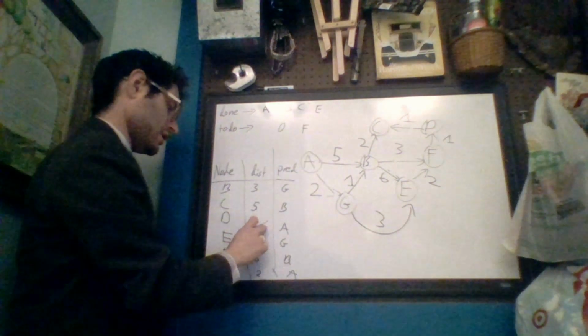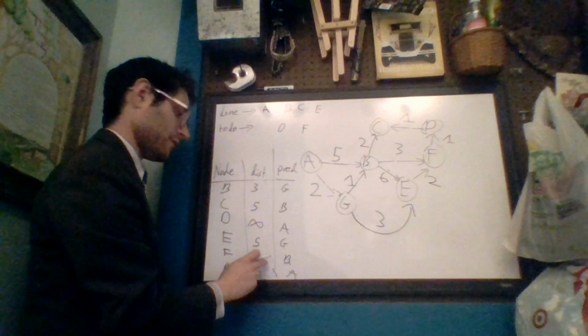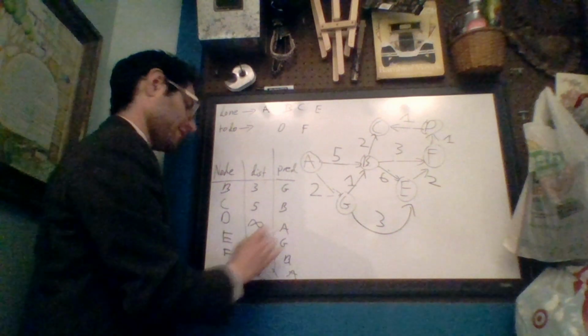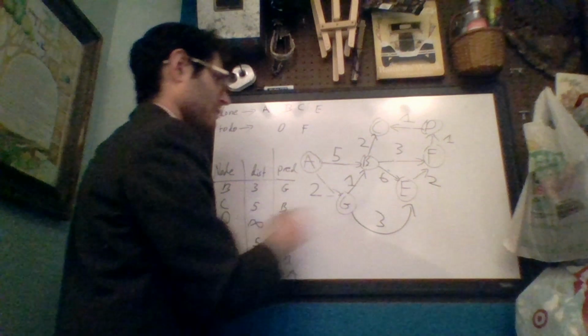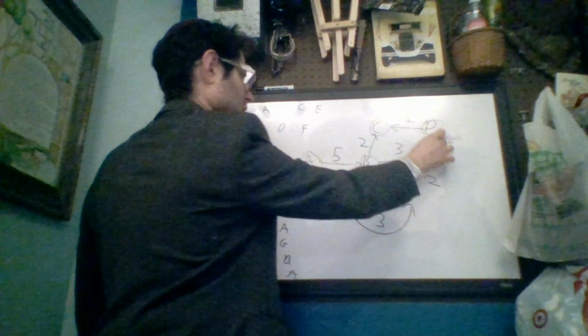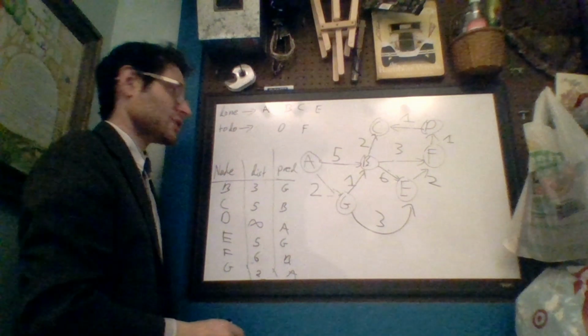So now we've got infinity and we've got 6 for F, right? 6 is less than infinity. So now we look at this edge: 6 plus 1, that is cheaper than infinity.